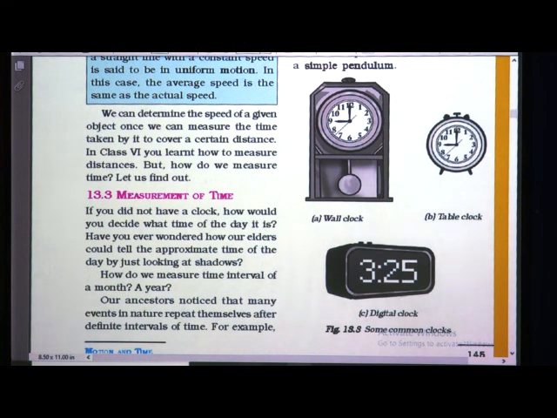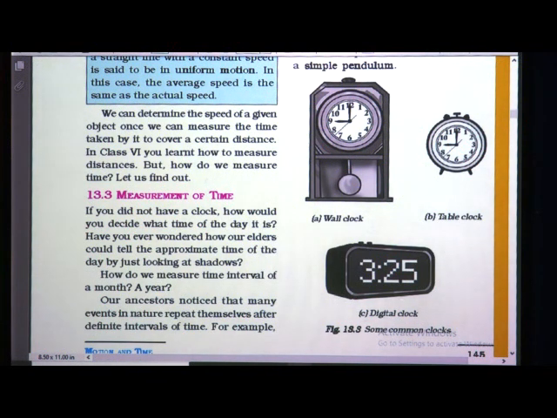but at night we cannot decide this. Then our ancestors noticed that many events in nature repeat themselves after definite intervals of time. Our ancestors means the people or human beings long years ago, in the initial time after life started.